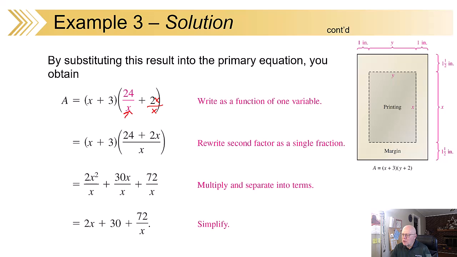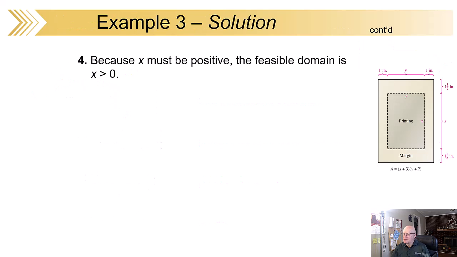Now we're ready to differentiate with respect to X, because this equation, the primary equation up here, is a function of x. So we're going to find dA dx. And since we want to minimize that area, we'll then set it equal to 0. X has to be positive.